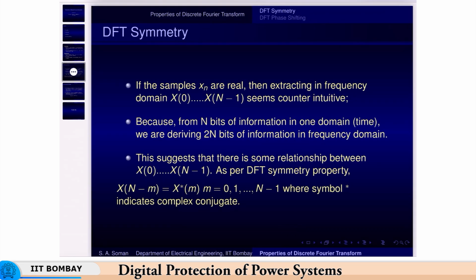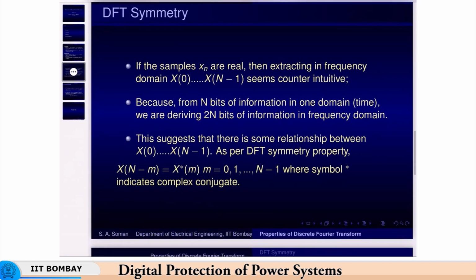So, you actually have 2n pieces or 2n bins of information. So, you started with n pieces of information and you are getting 2n. So, this does not seem right. Okay. So, there has to be some kind of repetition somewhere. This is what the DFT symmetry property shows.